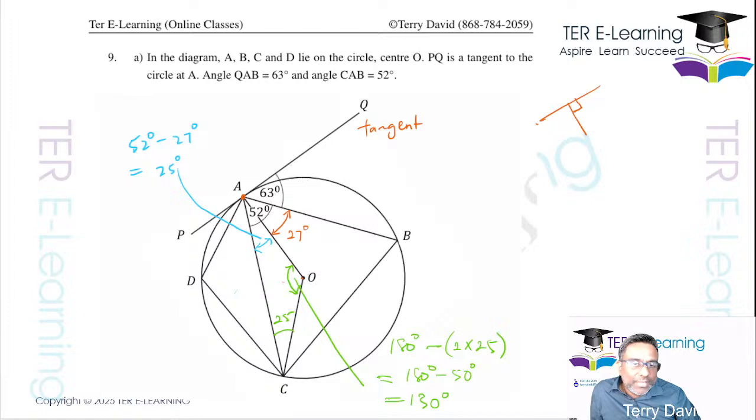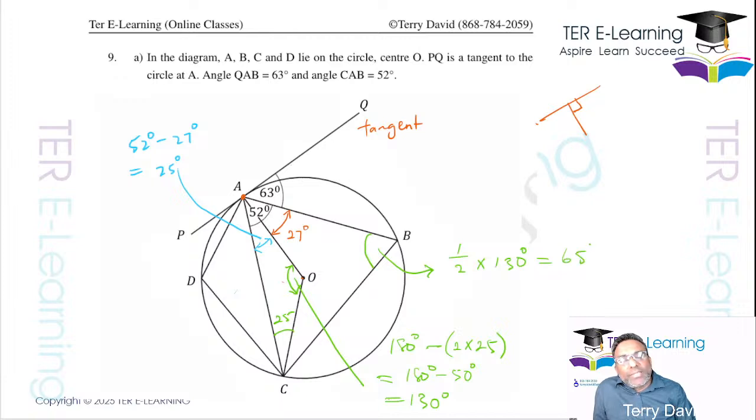And the next angle we want to work out is angle ABC. You all should be able to calculate this. What is angle ABC? Angle ABC is simply going to be a half multiplied by 130, and that's going to be 65.